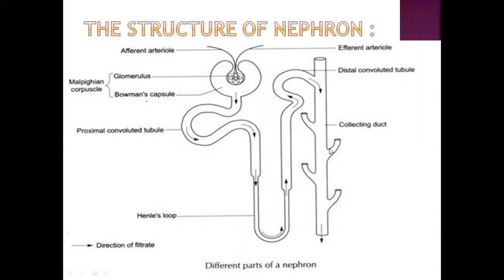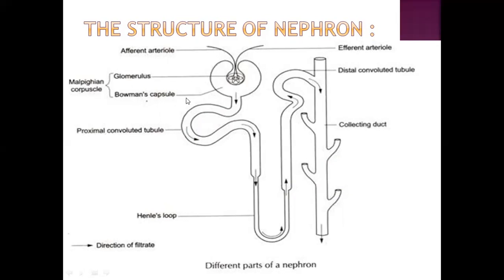The tubular structure has a spherical, C-shaped or cup-shaped capsule, which is called the Malpighian corpuscle or Malpighian body. This capsule consists of two sections.